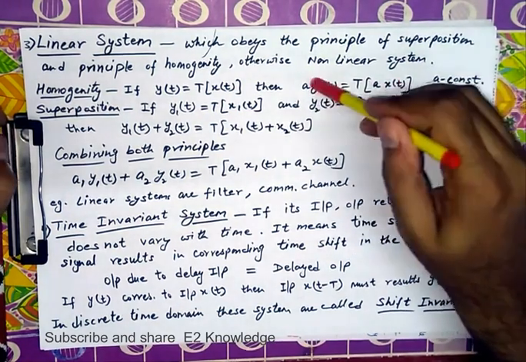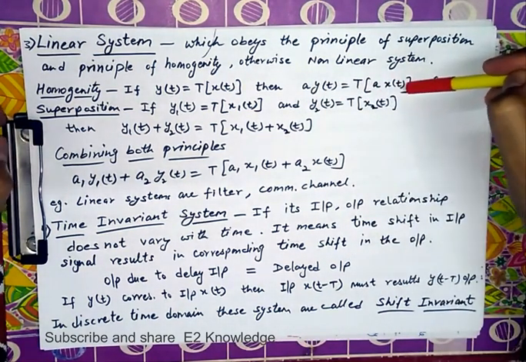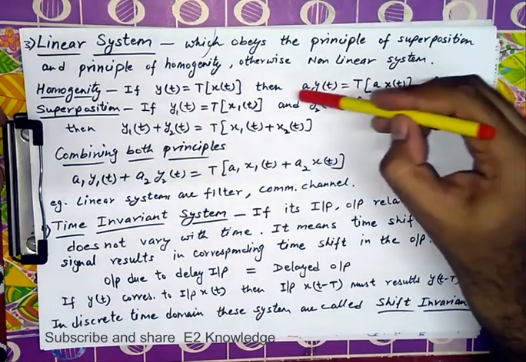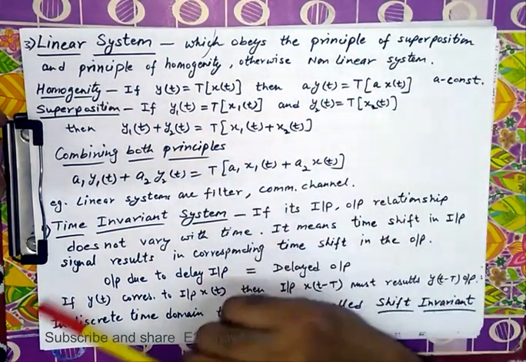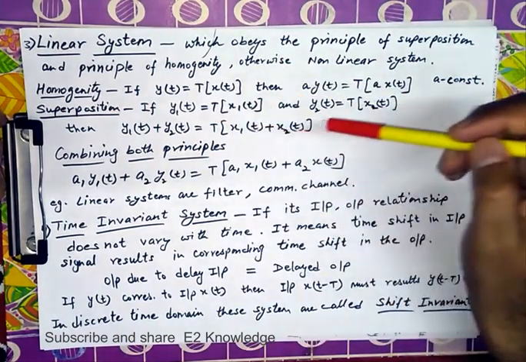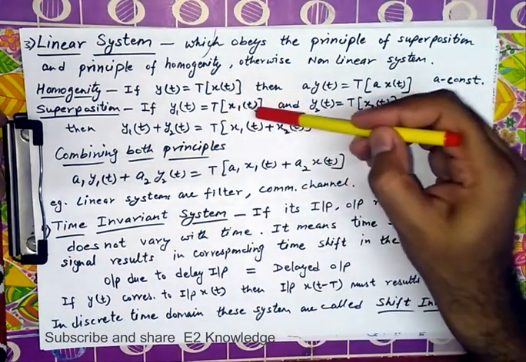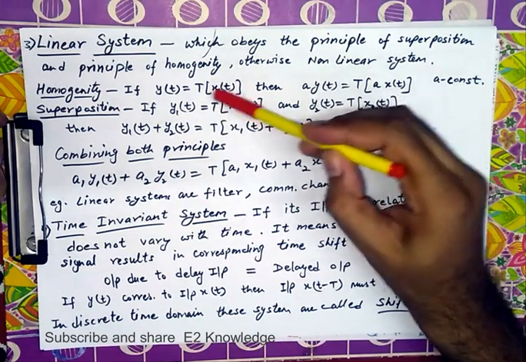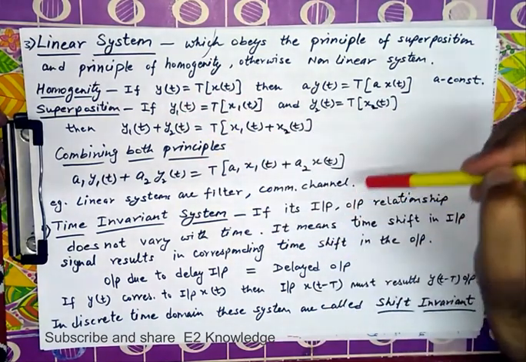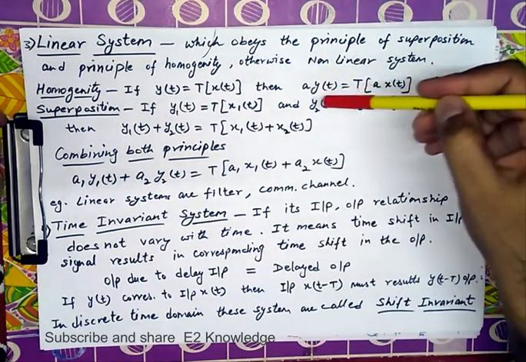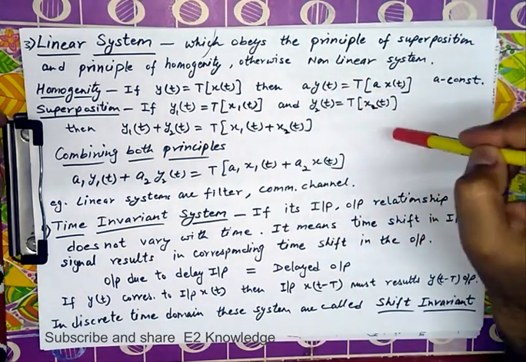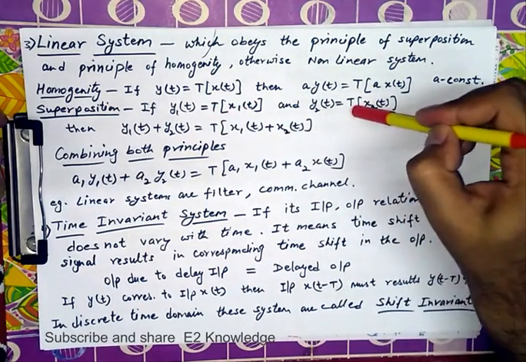That is homogeneity: if a x(t) is applied to the system, it must result in a y(t), where a is some constant.